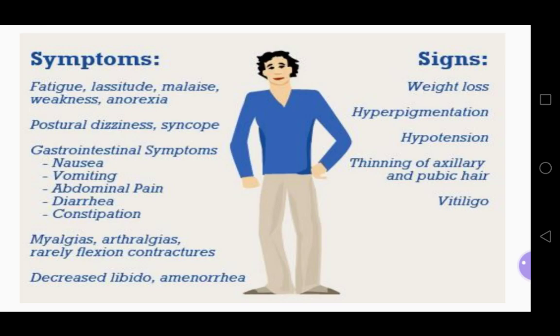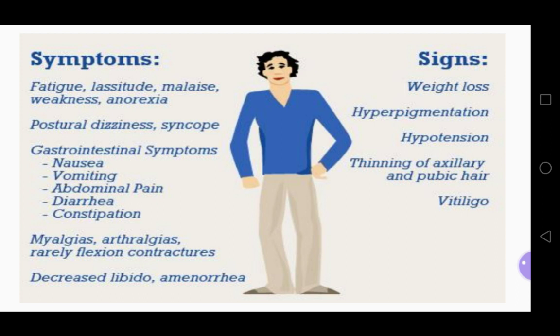This diagram shows signs and symptoms of Addison's disease. Symptoms: the patient may come with fatigue, lassitude, general weakness and malaise, loss of appetite, postural hypotension, dizziness, syncope.